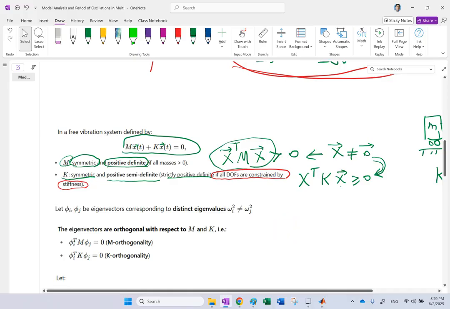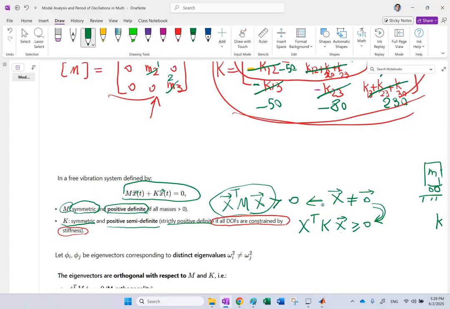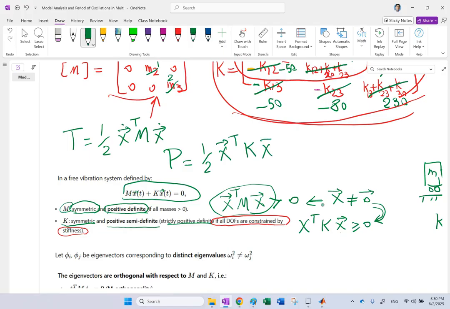The reason that they are symmetric, I mentioned why, but another way to look at it is the kinetic energy of your system, T, is 1/2 x dot transpose times M times x dot. That's the kinetic energy of the system, and kinetic energy always has quadratic terms in it. Therefore, the M matrix has to be positive. And then the potential energy of the system due to springs only is 1/2 x transpose times K times x.